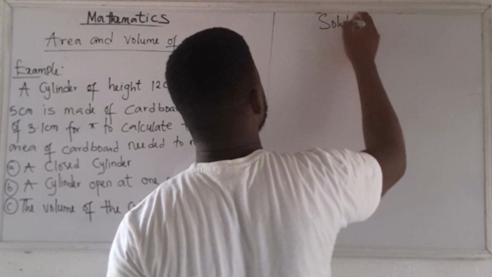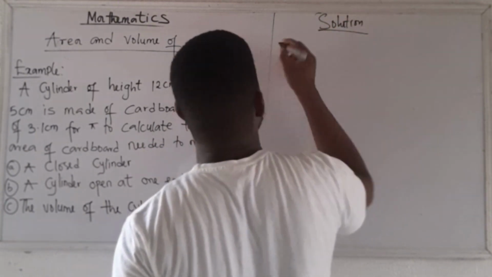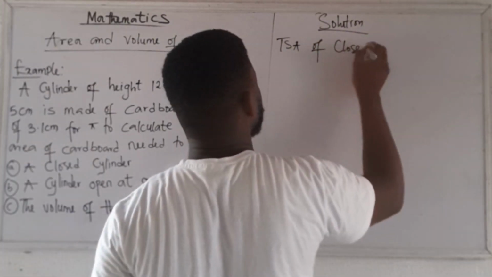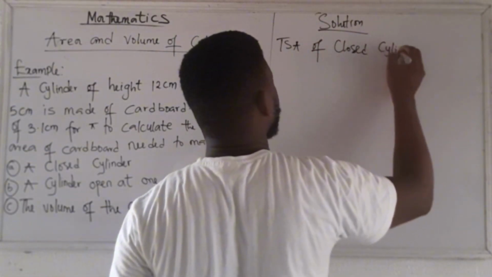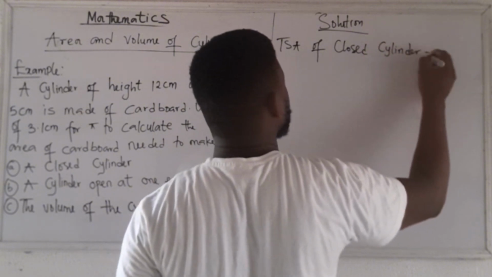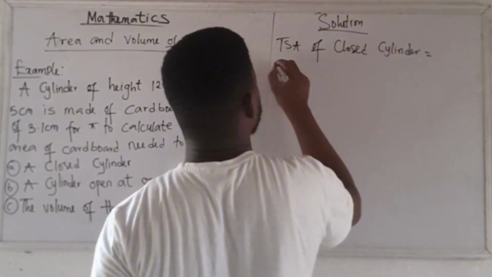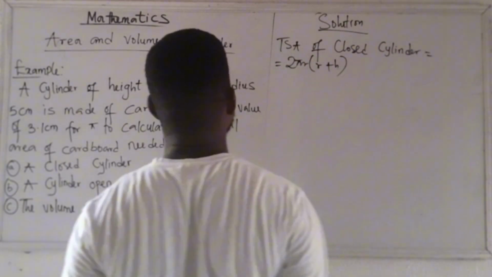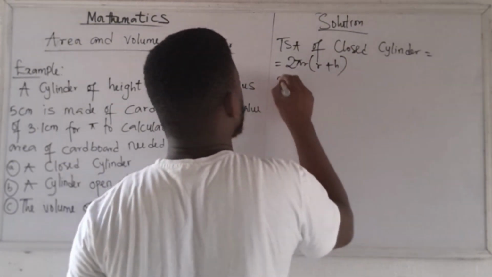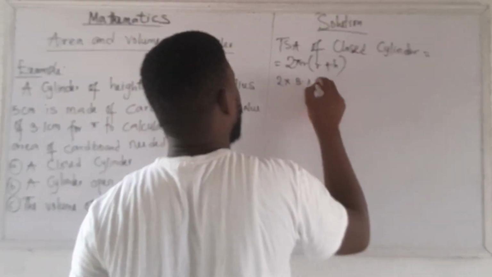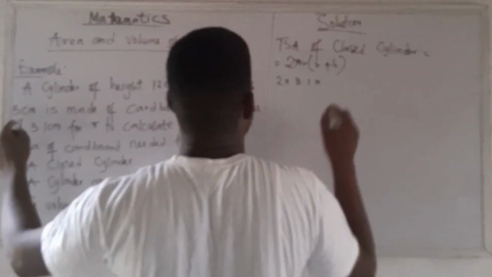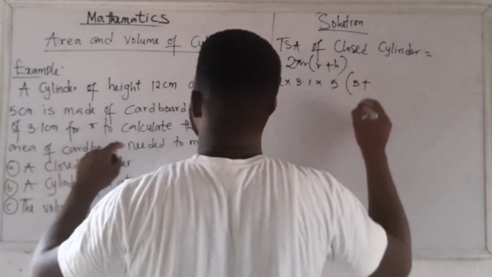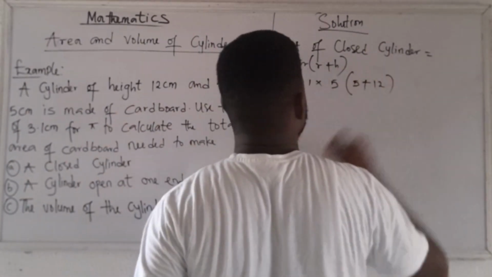Solution, the total surface area of a closed cylinder is 2 pi r (r plus h), right? So we have 2 times 3.1 times our radius 5, into brackets 5 plus height, which is 12.